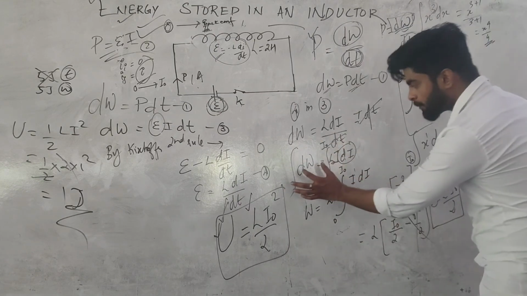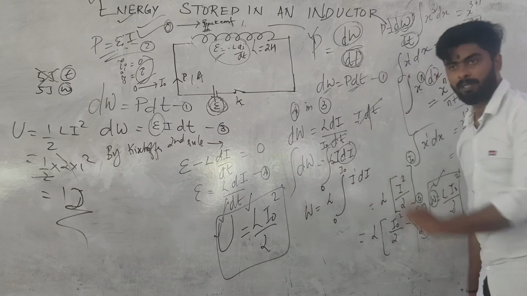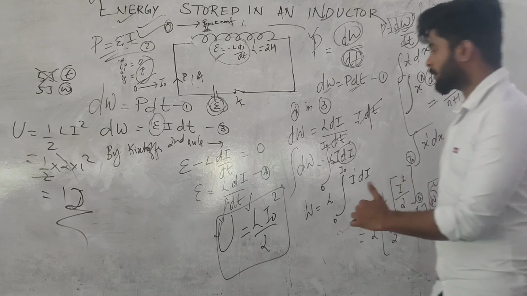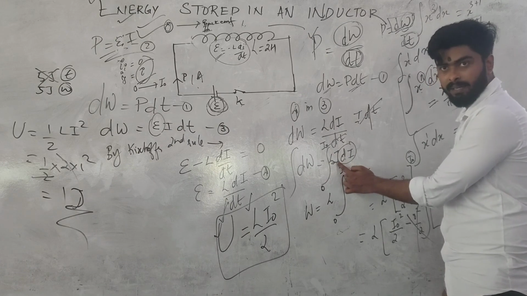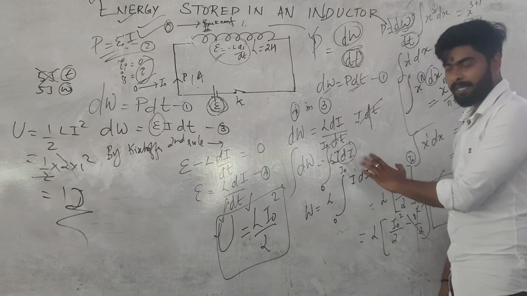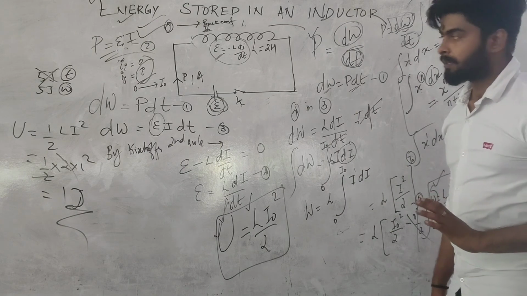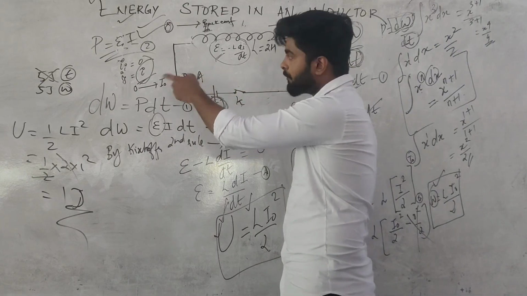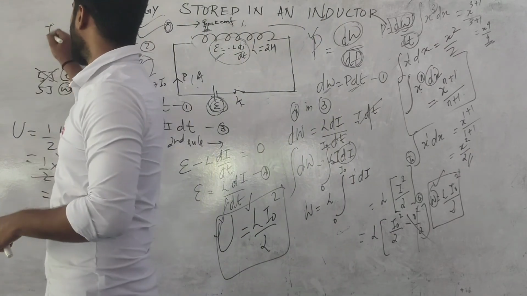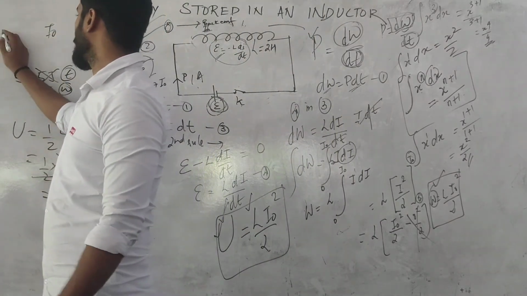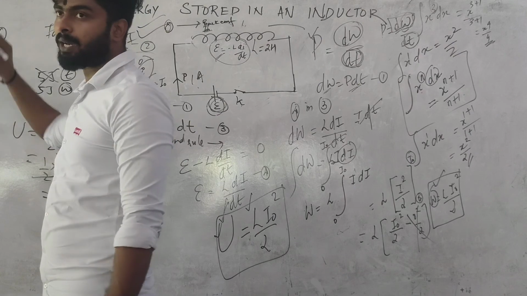When you integrate small work, you will get the total work. And here we know that there is only a change in current. L is a constant, right? The only thing which is changing is current. Initially there is no current. You have to establish a current in the circuit. Imagine you are going to establish a current I0. So your lower limit will be 0 because there was no current initially.